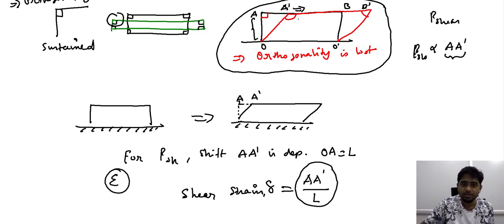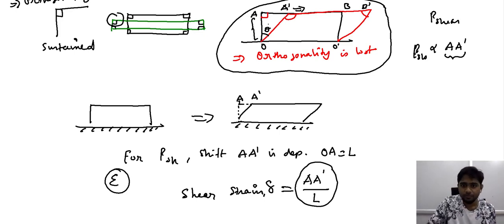This is possible because there is an angle established here. Initially the sides that were perpendicular, OA and OO prime, are no longer perpendicular, and they form an angle now.